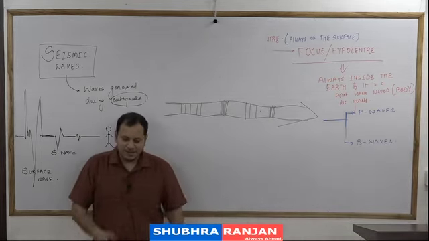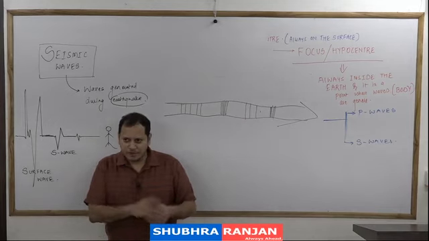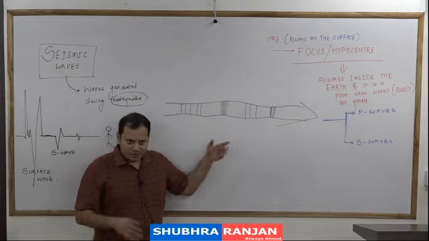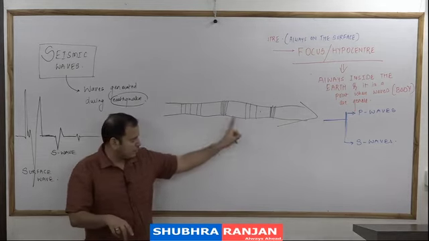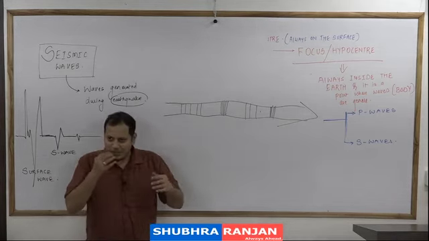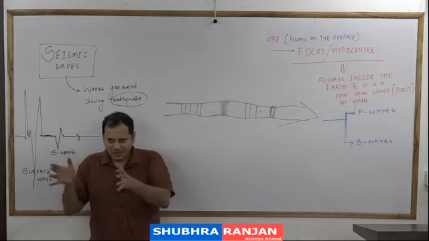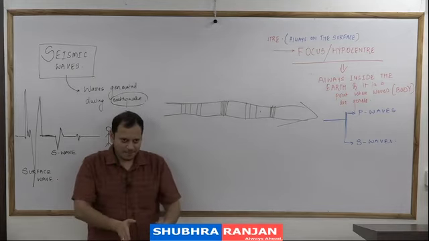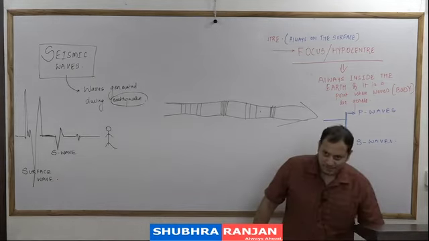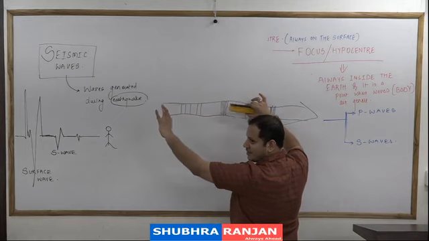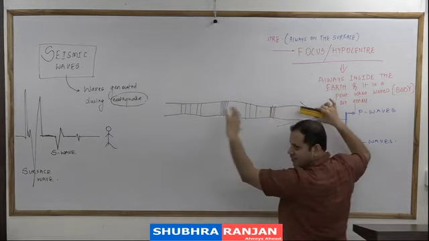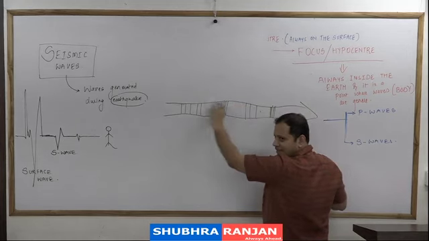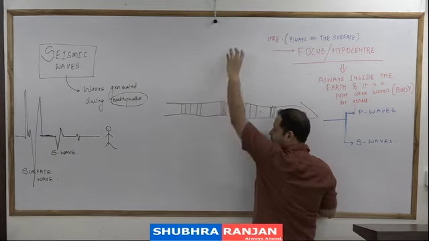You tell me, how? Perpendicular to the direction of wave propagation or parallel to the direction of wave propagation? Deformation of rocks. If this is the direction of wave propagation, are the particles moving parallel or perpendicular to it? If this is a rock, it will be stretched, it will be squeezed. So the rock will move like this, parallel. Perpendicular would mean the rock moves like this.